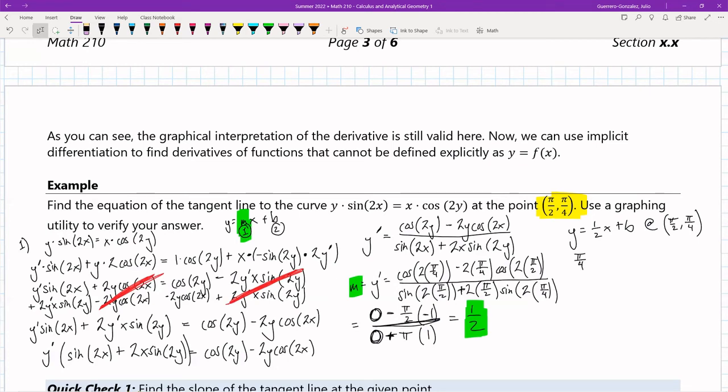Pi over 4 is equal to 1/2 times pi over 2 plus b. Pi over 4 is equal to pi over 4 plus b. b has got to be equal to 0.